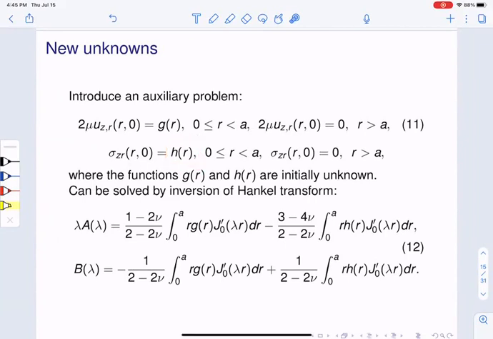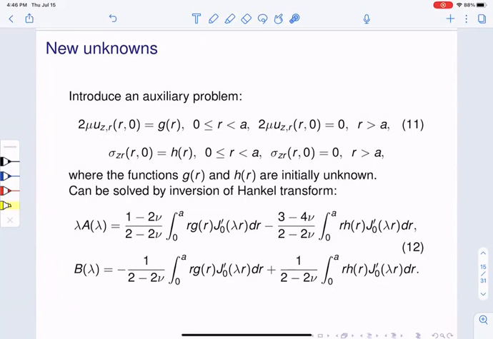Now, this auxiliary problem has the same conditions inside and outside of the penny-shaped crack, so it is immediately treatable by these integral representations. I can substitute my integral representations in these boundary conditions, invert Hankel transforms, and immediately find A and B. A and B are expressed through G and H, which are defined only inside of the penny-shaped crack.